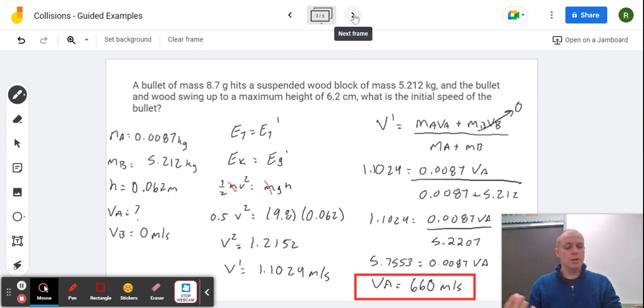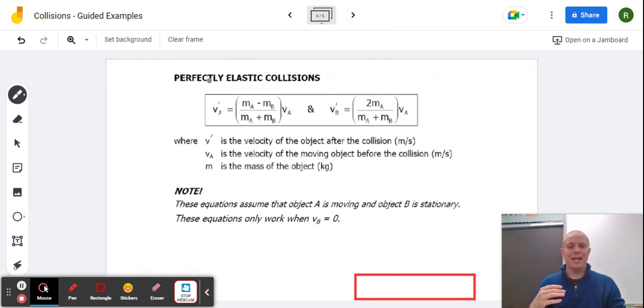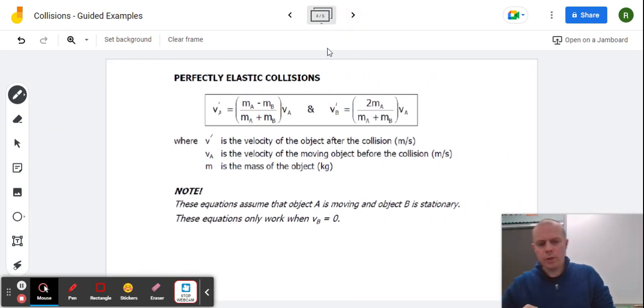The next one we're taking a look at is perfectly elastic collisions. So up until now, in perfectly elastic collisions, things bounce off each other and go opposite ways. And not only is momentum conserved, but kinetic energy is also conserved.